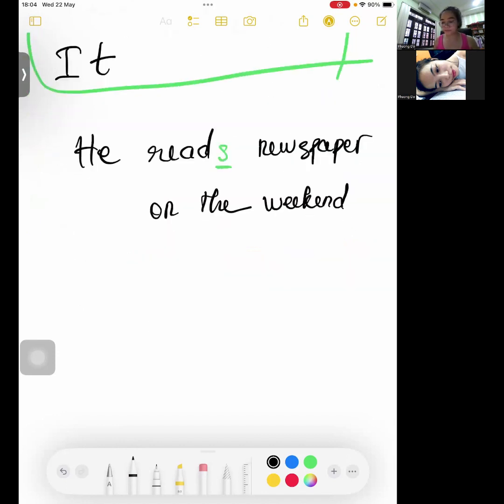Okay, next. She takes bus to work in the morning. She takes, right? We will change it to she takes bus to work in the morning.